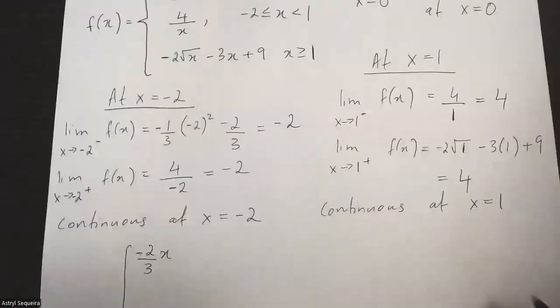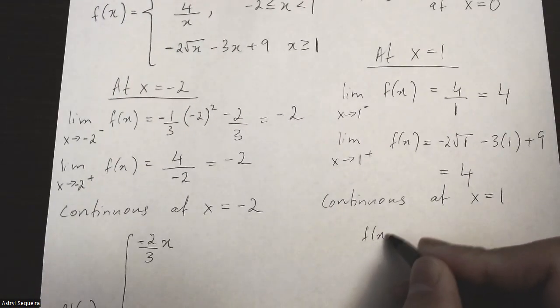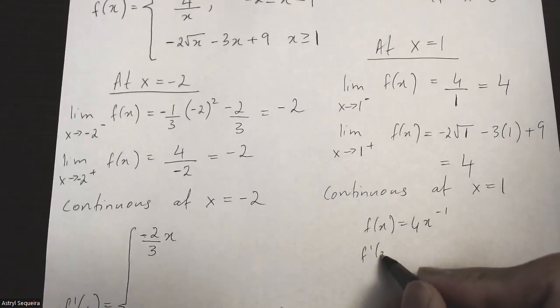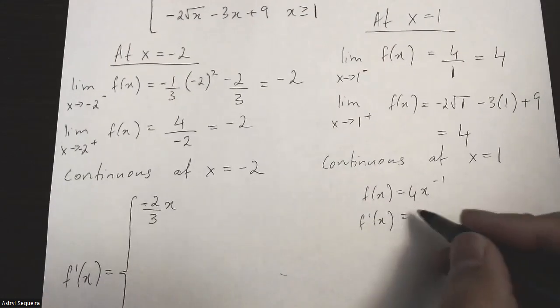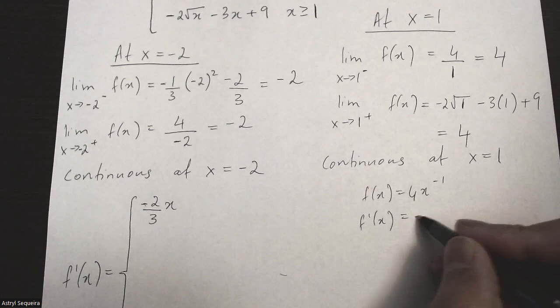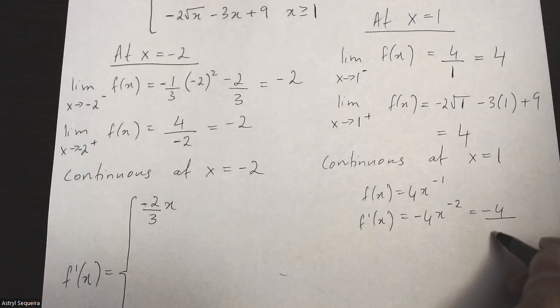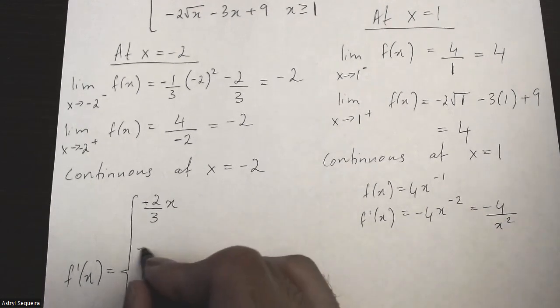To derive 4 over x, I'll simplify it first to 4x to the -1, and if I derive this, it's -4x to the -2, which is basically -4 over x squared.